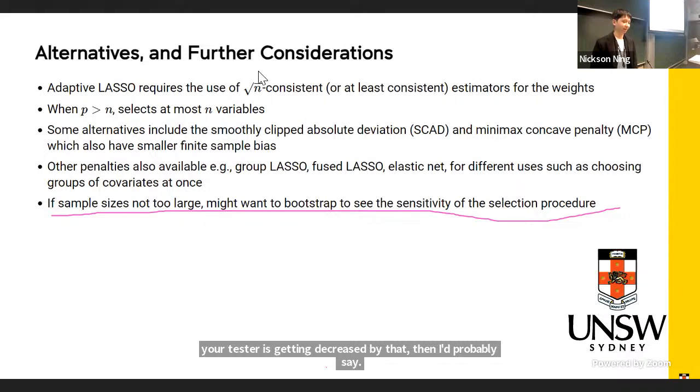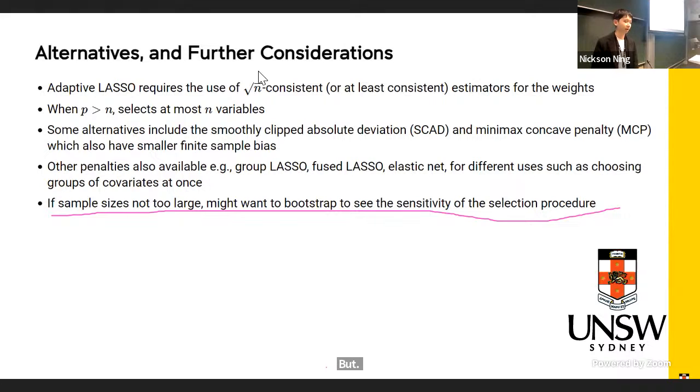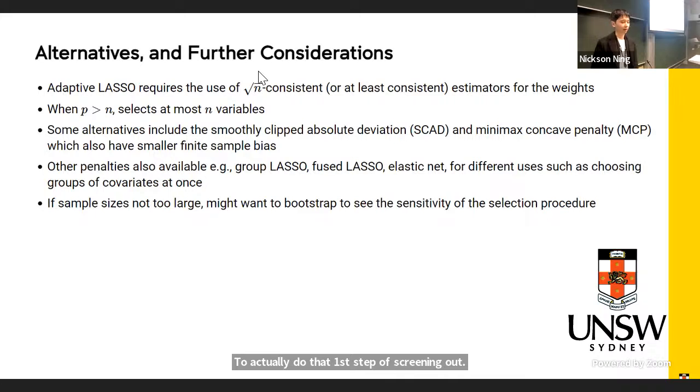But I think in the case of prediction, it's perhaps not really necessary to do that first step of screening out the highly correlated variables, because if your interest is just in prediction, then you don't really care about the whole variable selection and selection consistency. Then the lasso is probably going to do okay, even if your variables are correlated. The thing correlated variables interfere with the most is selection consistency.